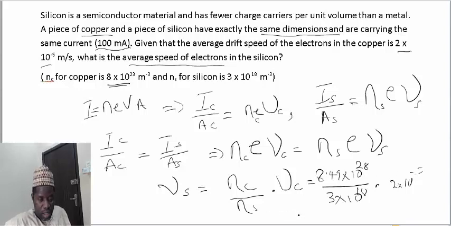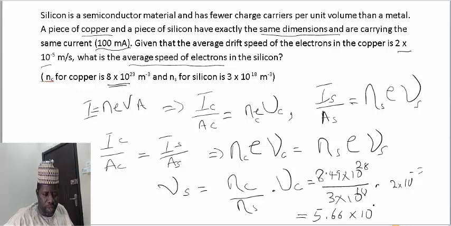When you evaluate this value correctly, you are going to obtain 5.66 times 10 to the power 5 meters per second. You can easily see that this speed is much higher than the speed of electrons in the metal.